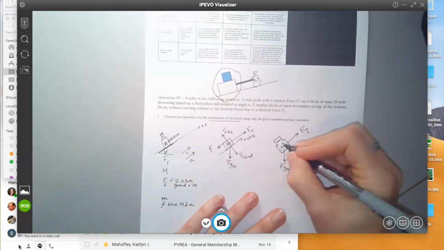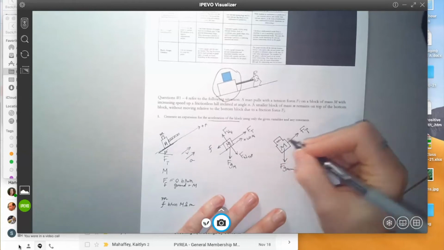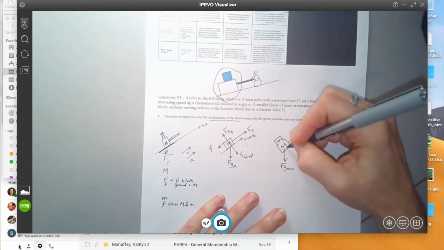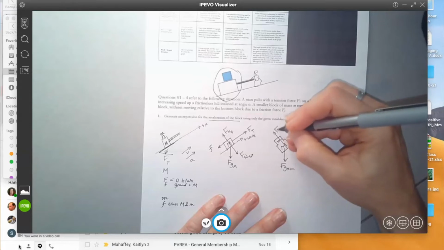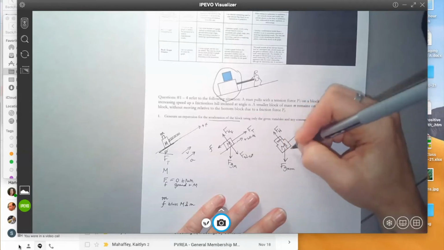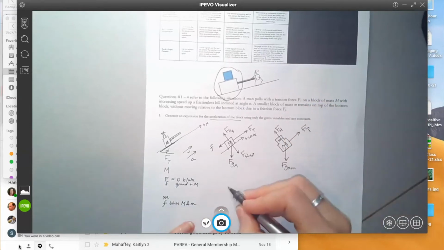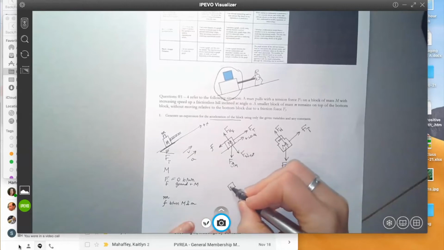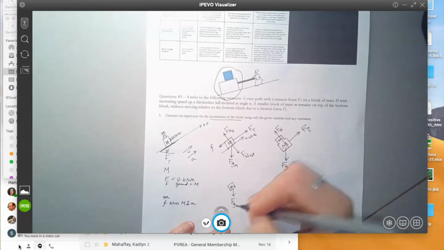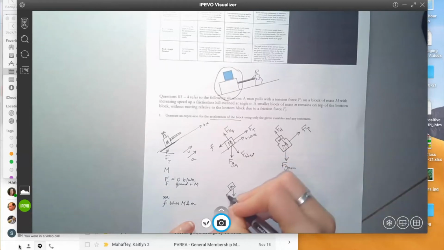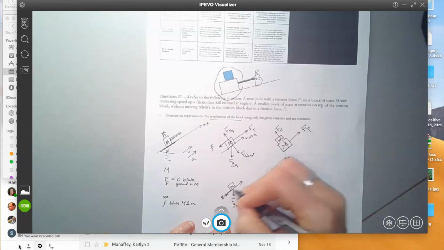There is this friction force, but now it's internal, right? We've got the normal force acting upward from the ground. So it might be easier for you to understand if you look at the top block and the bottom block. Oops, this is being held up that way, sorry.